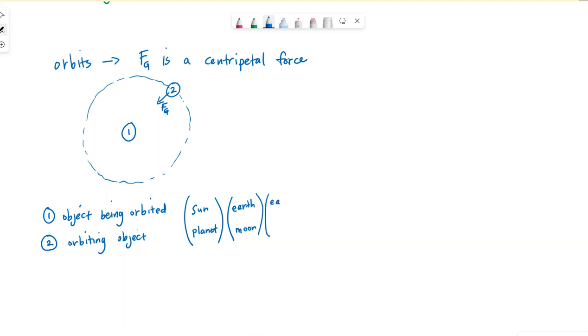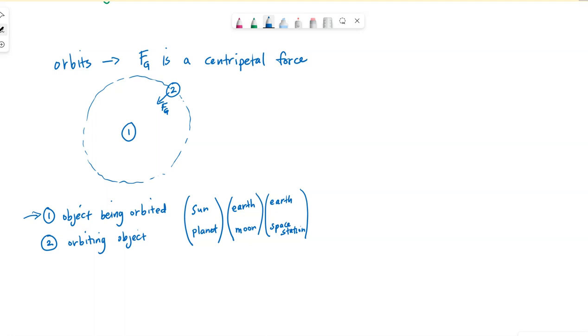We could have Earth be object 1 and the space station object 2, or any satellite. So there is a variety of options. Just keep in mind that object 1 is the object being orbited, and object 2 is the object doing the orbiting.